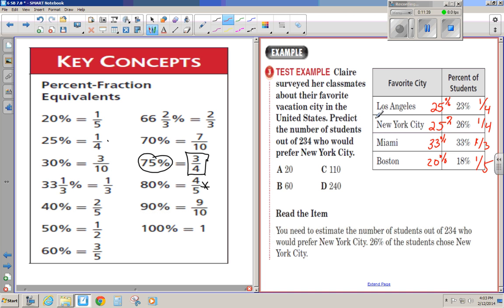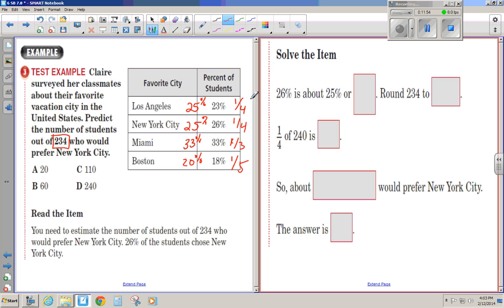So the question here, Claire surveyed her classmates about their favorite vacation spot cities. Predict the number of students out of 234 who would prefer New York City over the others. So 26% is about 25 or 1/4. Round 234 to 240.